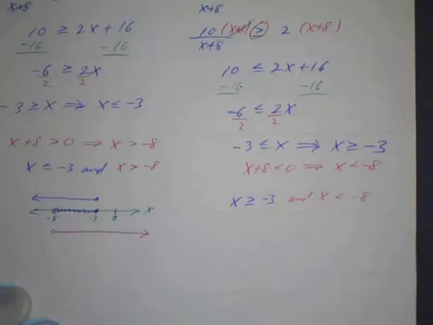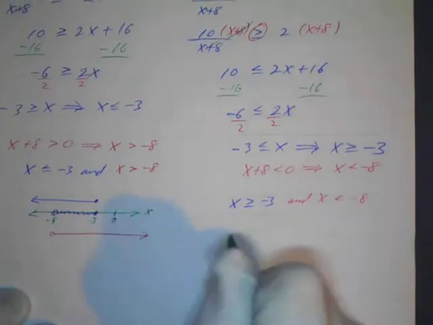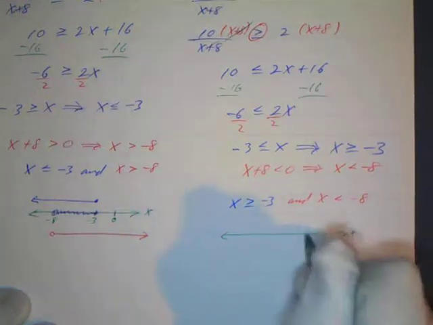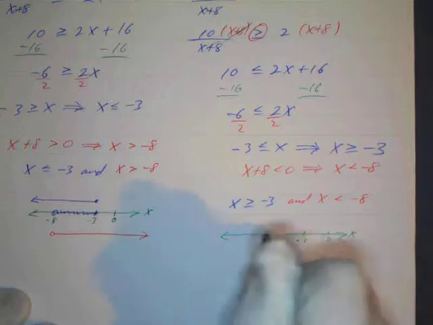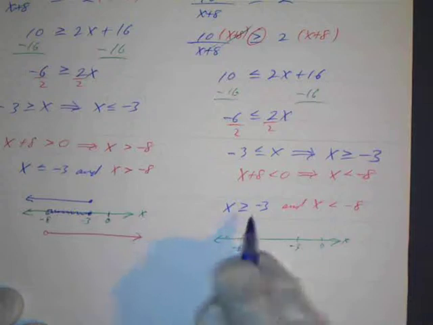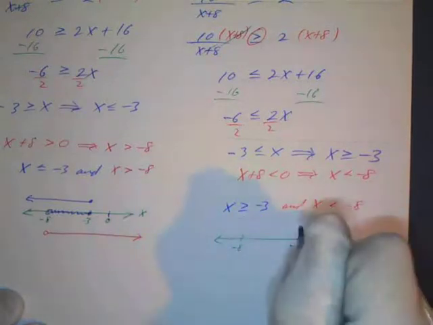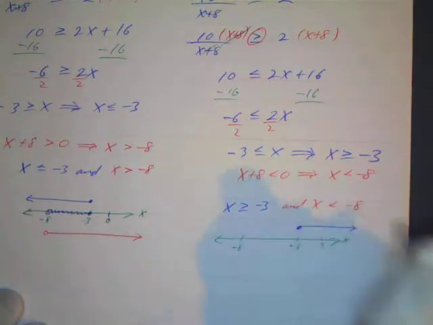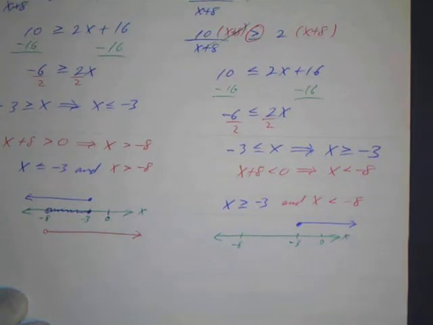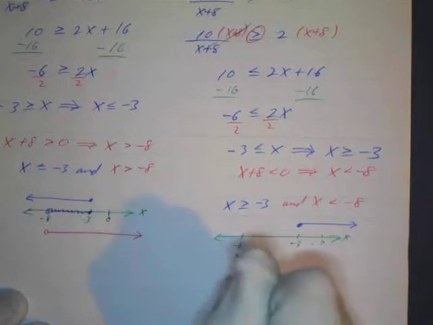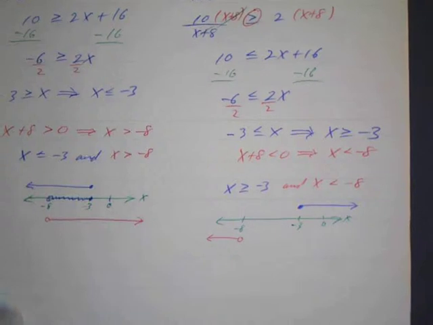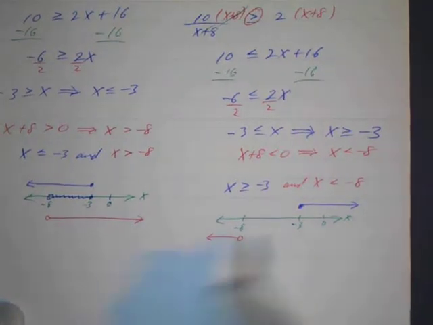Let's do this on our number line. So we got negative 3 over here. This might be 0, this might be negative 3, this might be negative 8, and we have x is greater than or equal to negative 3, so we have a dot over here, and x is less than negative 8, and you can see that there's nothing here.